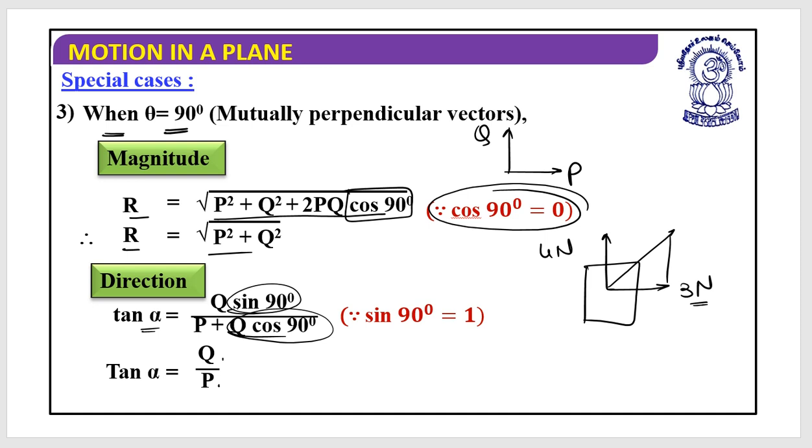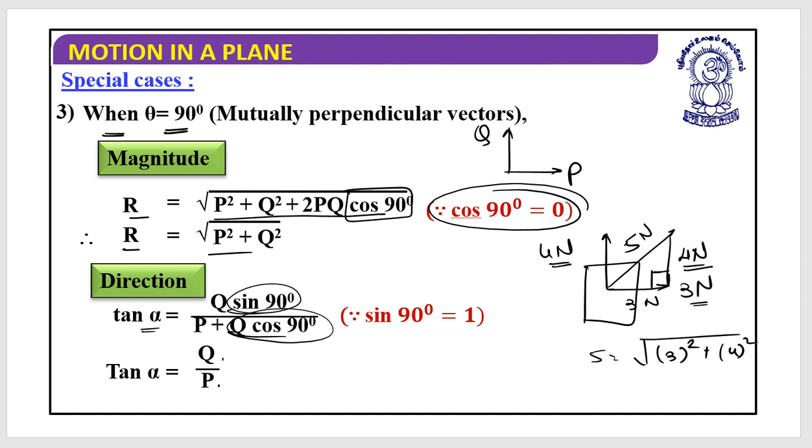At that point we know the Pythagoras theorem because this is the 90 degree. So if this is 3, this is 4, then this must be 5 Newton. How does it arrive? This is equal to the root of 3 square plus 4 square. Yes, it is 5 square. I hope this is clear.